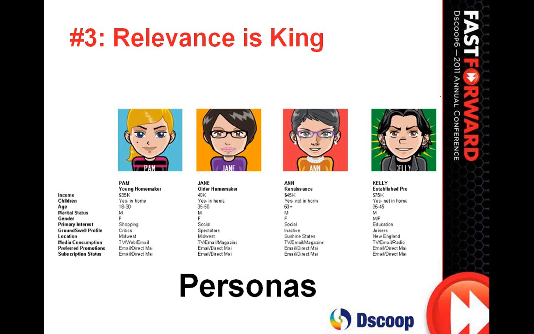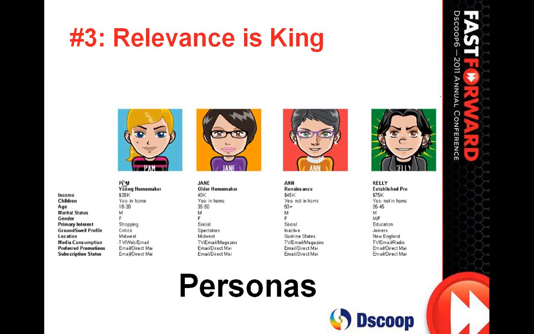Now, a persona is the idea of personifying a group of individuals from within your data file and giving them a name and some attributes, things like what they do in their free time, where they went to school, how many kids they have, things that maybe are hobbies or are related in some way to their area of interest, and actually creating, as you can see here on the screen, not only a picture of what that persona looks like, but also filling in a series of relevant details about that persona.